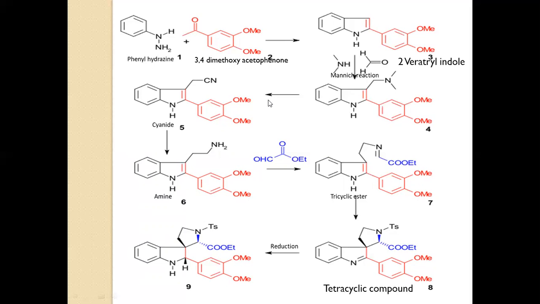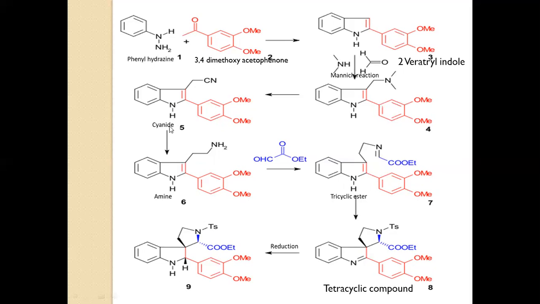Then it further changes into a cyanide. So what happened here? The position of the nitrogen changes. Here you can see the nitrogen, whereas in the position of the nitrogen you can see the carbon. The nitrogen that is present here attached to two methyl groups is converted to the cyanide group.